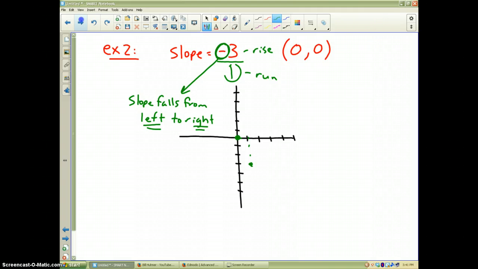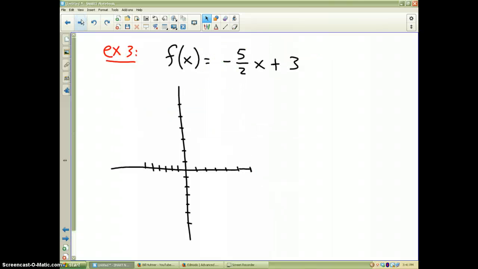So therefore, I'm going to put a nice big dot there. And then one more time, I need 3 dots. So I'm going to go run 1 and then rise -3. So I'm going to end up right somewhere down there. And hopefully with a nice straight ruler, I can draw a straight line that represents this particular graph. And that's how you graph using a slope and one point.